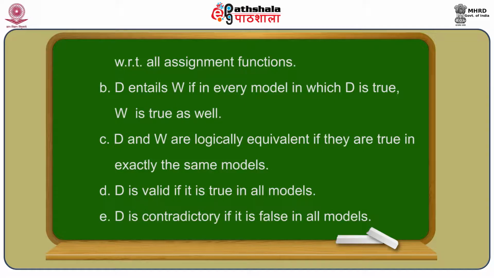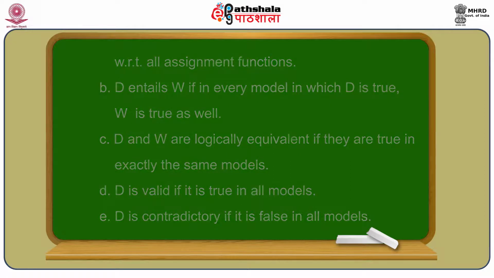Delta and omega are logically equivalent if and only if they are true in exactly the same models. Delta is valid if and only if it is true in all models. Delta is contradictory if and only if it is false in all models. Okay. Now, you can do some exercises.